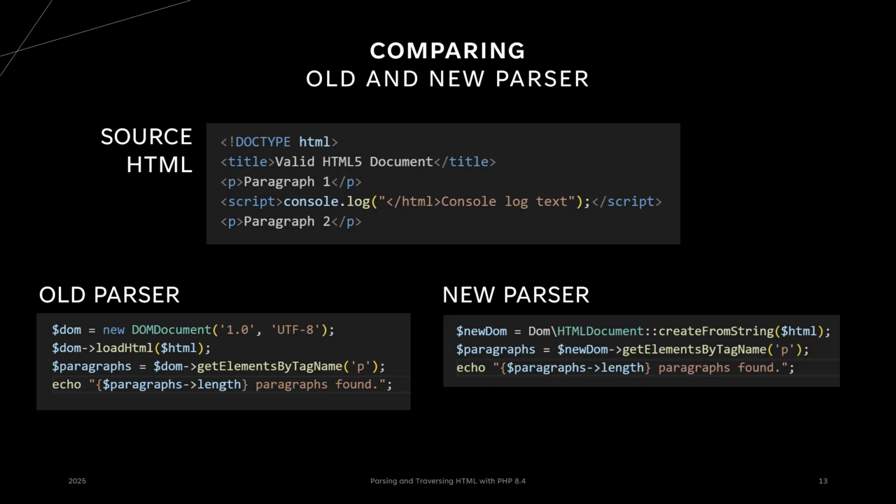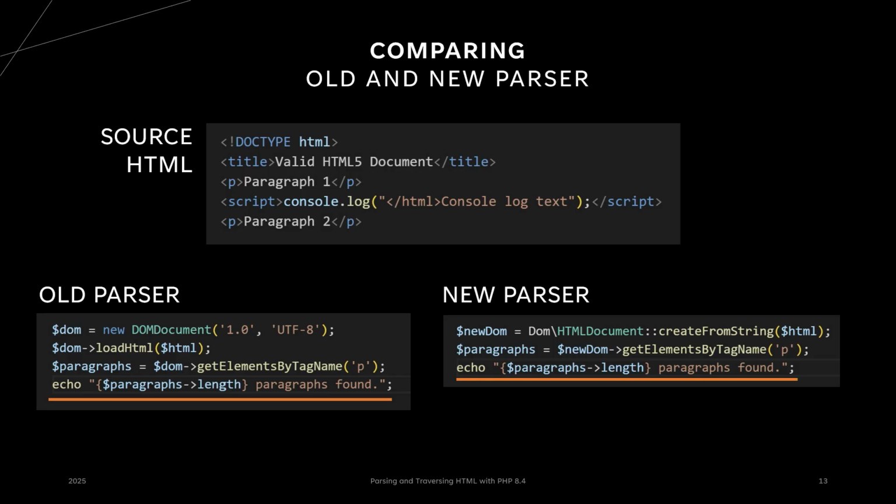With the new parser, you can see we have fewer lines because you no longer have to create an instance of DOMDocument. You just go straight to HTMLDocument, createFromString. They've split this into HTMLDocument and XMLDocument. I'm not going to talk about XMLDocument, but it's basically what you're used to with DOMDocument. But the rest of it is the same. So we just get elements by tag name p.